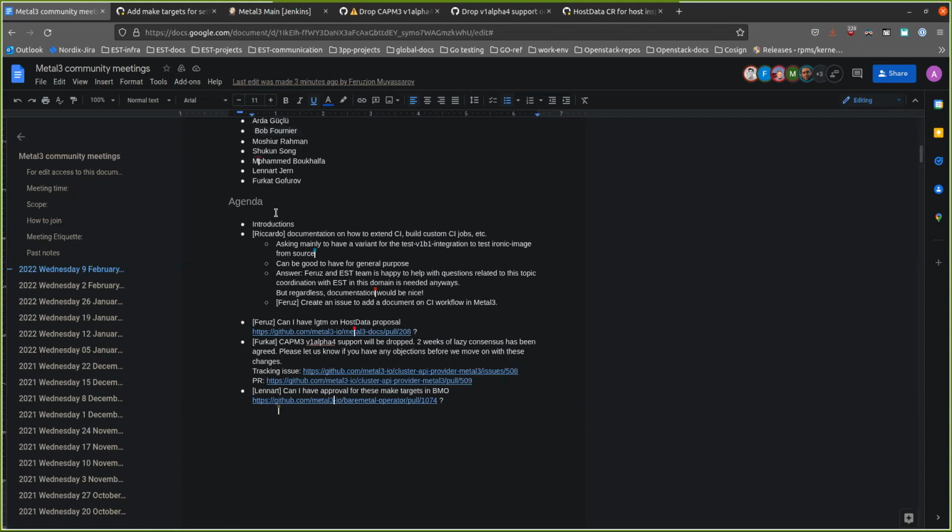Now you can filter for those labels and find new issues easily. I have seen that the community already started to use this whole triaging process on a per issue basis. So that's good. I'm happy to see that.